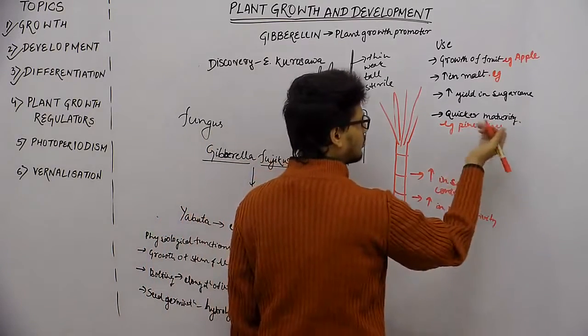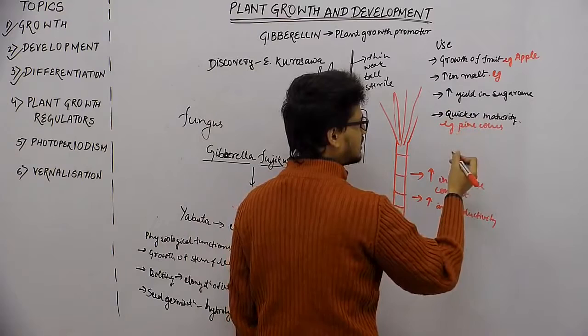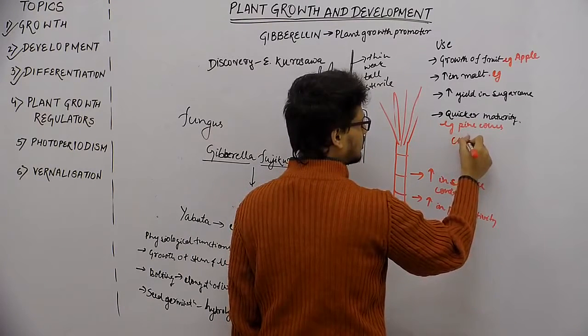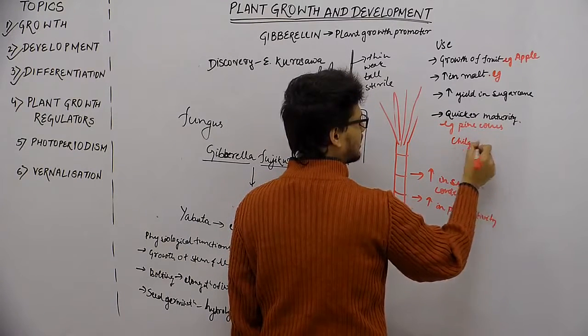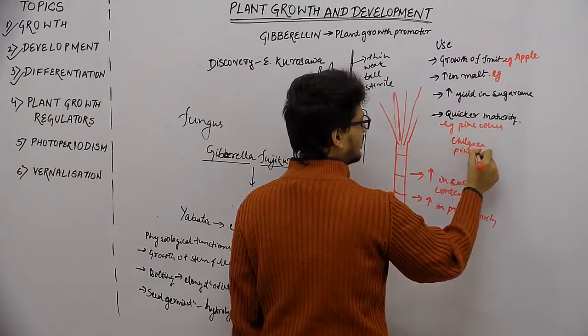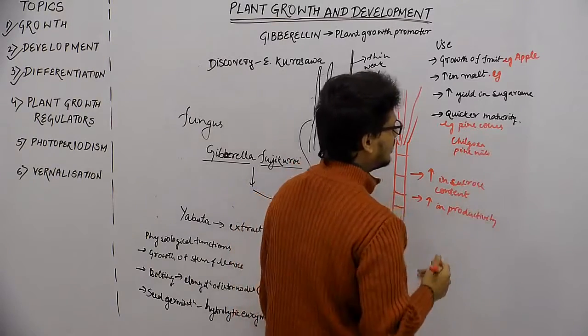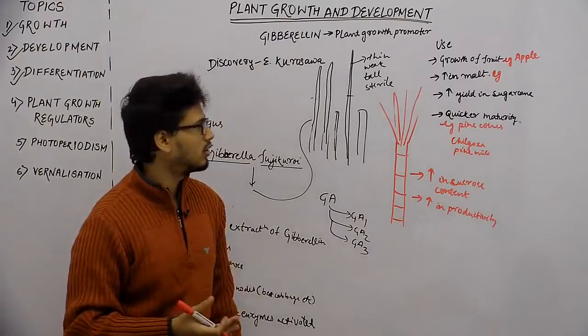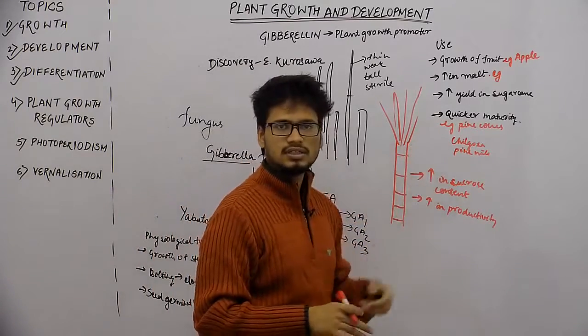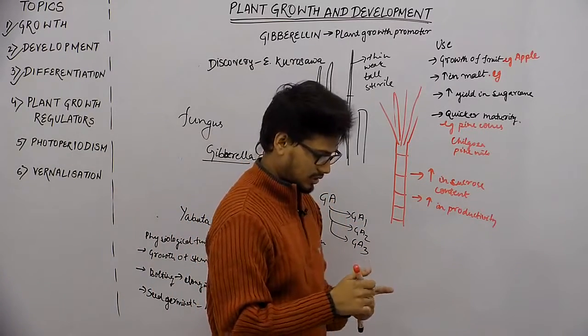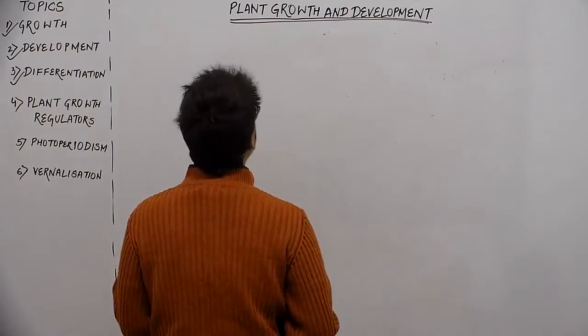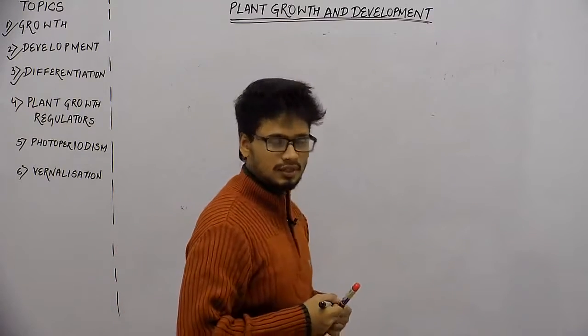A commercial example would be chilgoza, and we can use this to produce pine nuts so that maturity happens quickly. So you can derive the seeds from these plants. Okay.